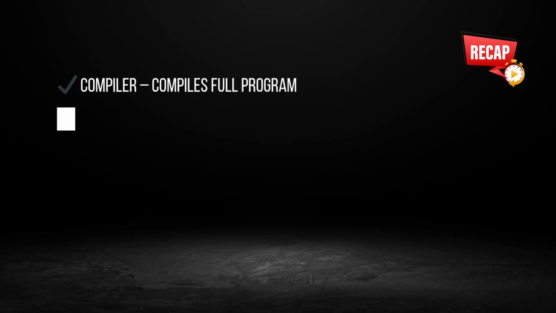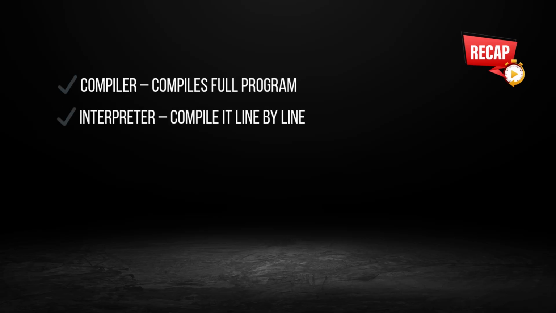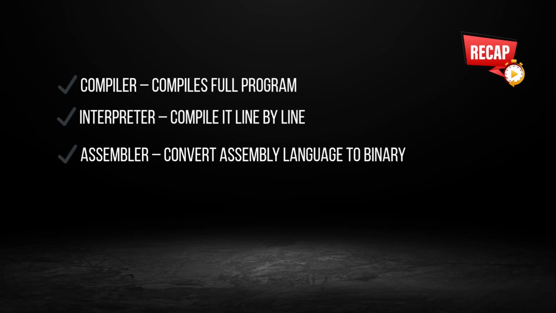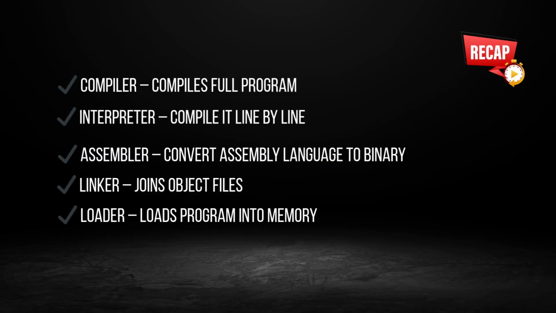Let's recap. Compiler compiles the full program. Interpreter compiles it line by line. Assembler converts assembly language to binary. Linker joins object files. Loader loads the program into memory.